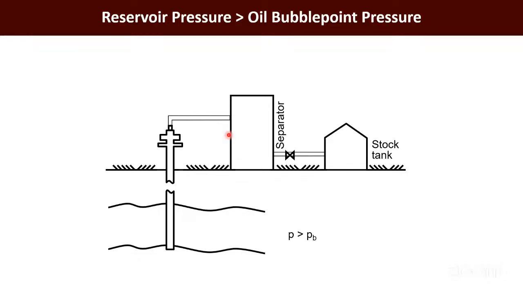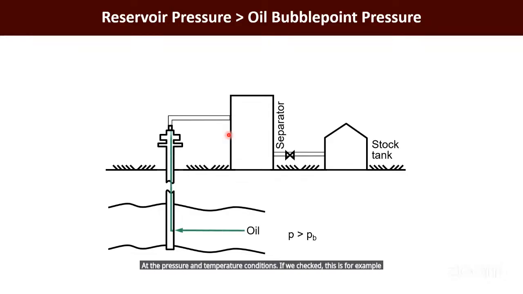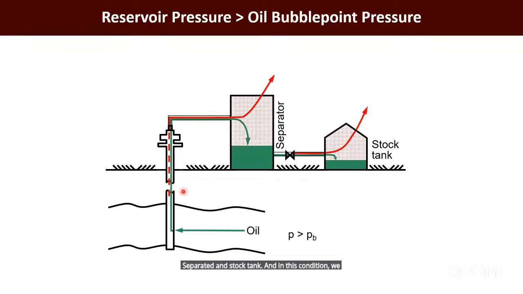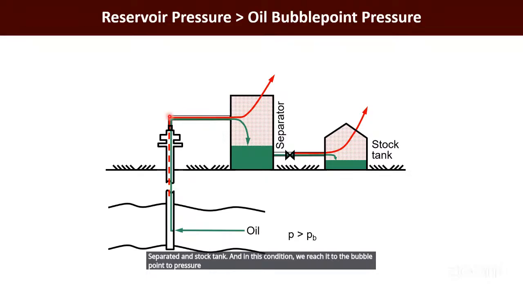For example, if we have an oil here and a reservoir pressure above the bubble point pressure, we'll have oil going to the separator and stock tank. Here we reach the bubble point pressure, so some gas comes out of solution.